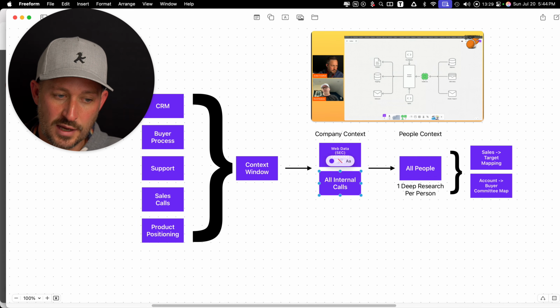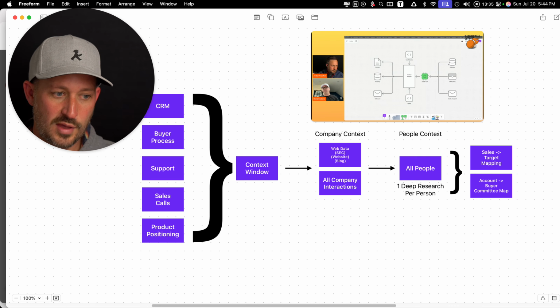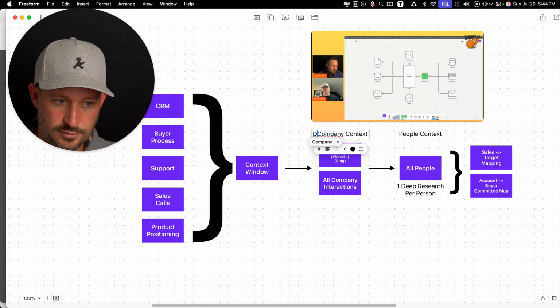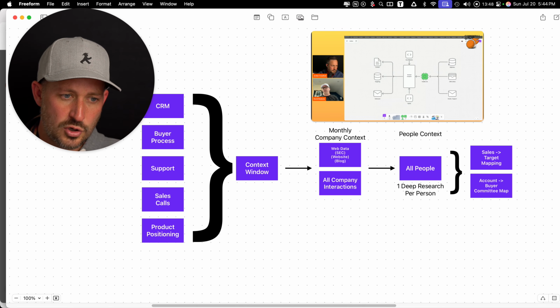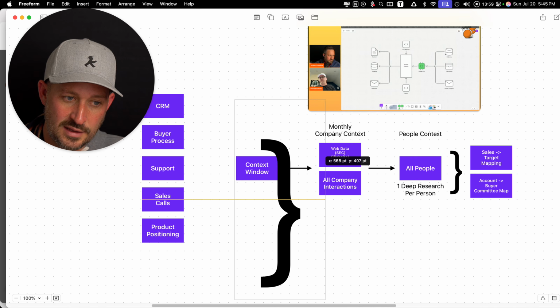And then really it's like all internal company interactions. So I think actually it's better this is going to be aggregated, but you probably need to pull that out here, so that when this is like deep research monthly, if you're going to change your cadences monthly, whatever, this is where you're going to refresh all this data, refresh the company interactions, refresh the public data, and take that into the context window.